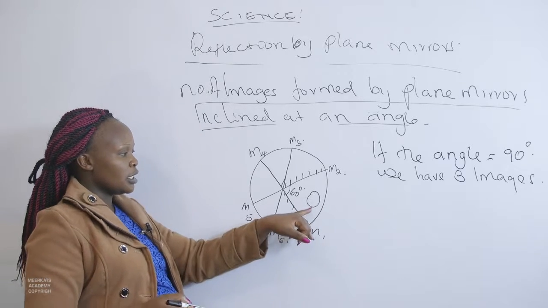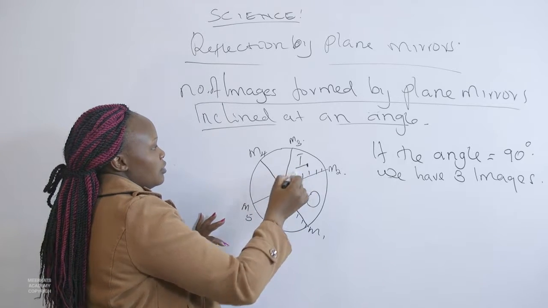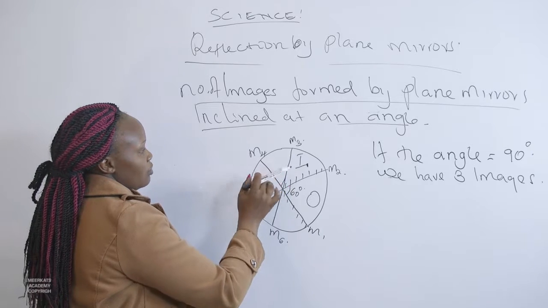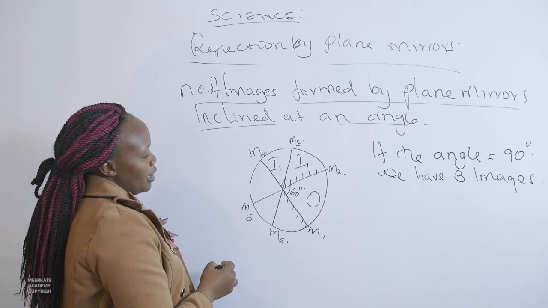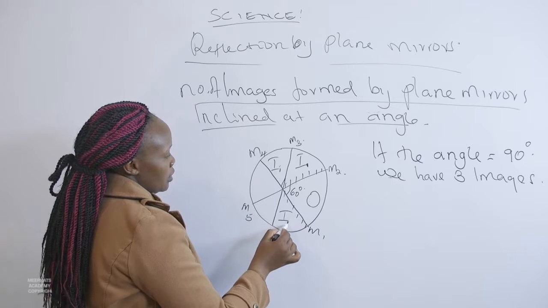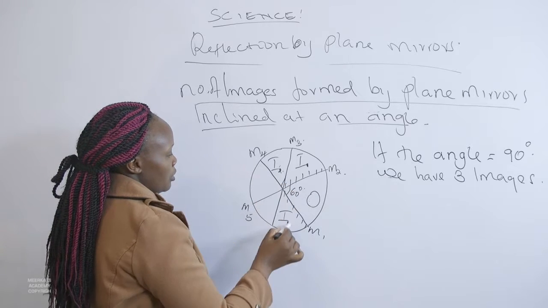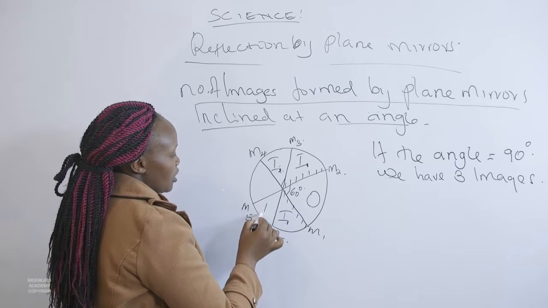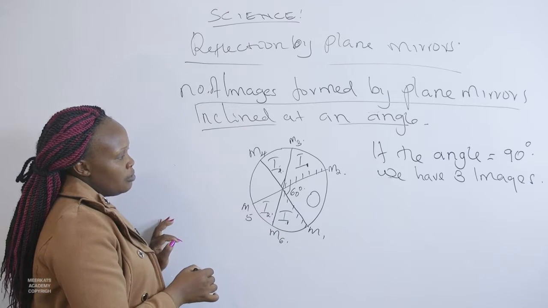This object forms an image of itself, which is observed by the adjacent mirror, and again forms another image here, observed by the adjacent mirror, so that it forms another image.